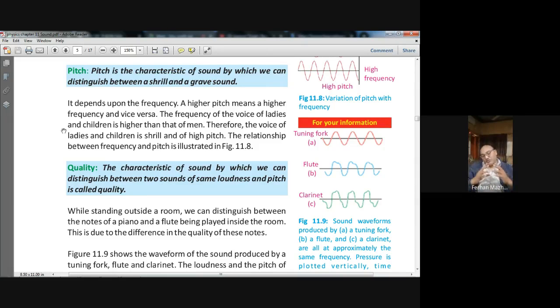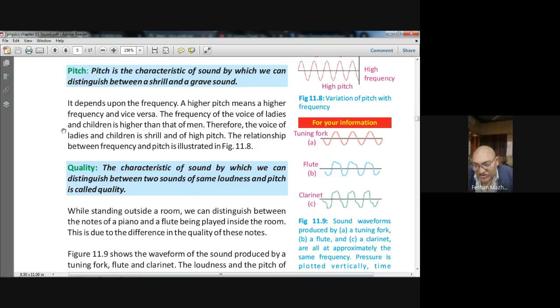So it means normally when male people talk, their sound is grave, and when women talk, their sound is normally shrill. So the frequency of the male sound is less, and the frequency of the female sound, which is shrill, is more.